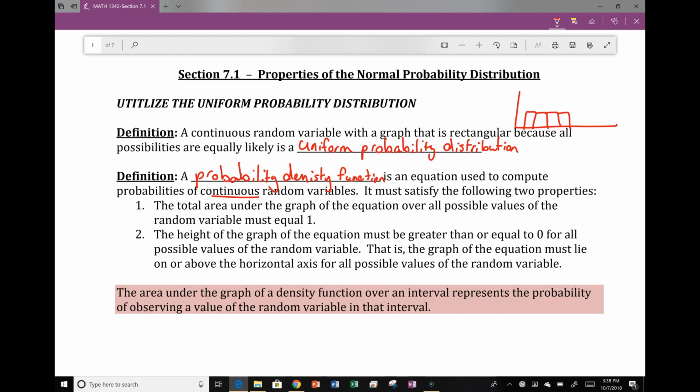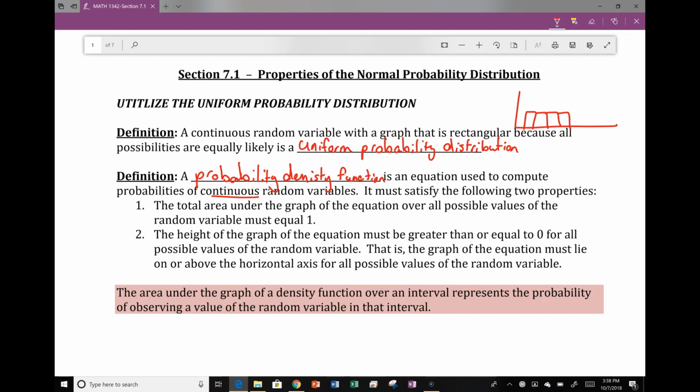The area underneath that curve must all equal up to 1. Recall when we were talking about probability distributions, each probability distribution had to add up to a total of 1. Same thing here when we're looking at the probability distribution curve.